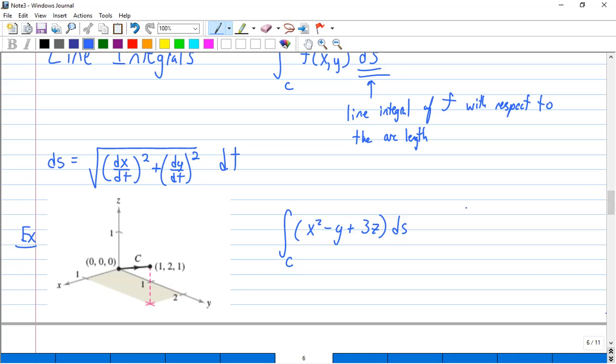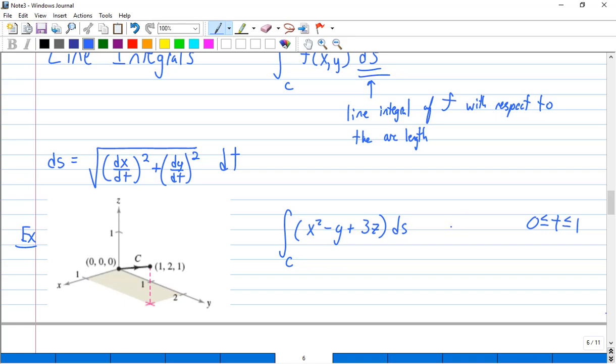So we need to figure out the parametrization of this smooth curve C. For this smooth curve C, x of t will be equal to, let's see, we're going from 0 to 1. For all three of these, let's let t be greater than or equal to 0, less than or equal to 1. That's probably the best numbers to use, because we're used to 0 and 1.